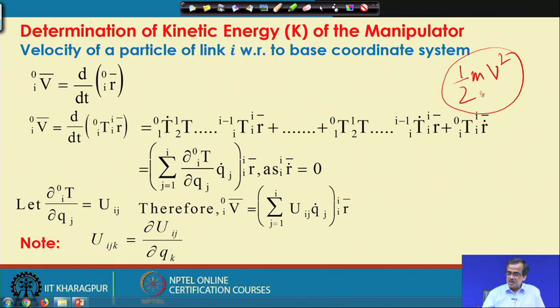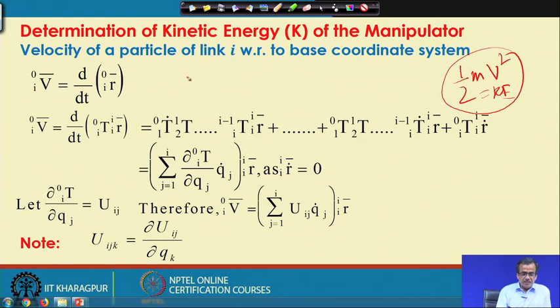First, we find the kinetic energy of one small element lying on a particular link. Then we find the kinetic energy for the whole link, say the ith link, and after that we find the kinetic energy for the whole robot or the whole robotic system.